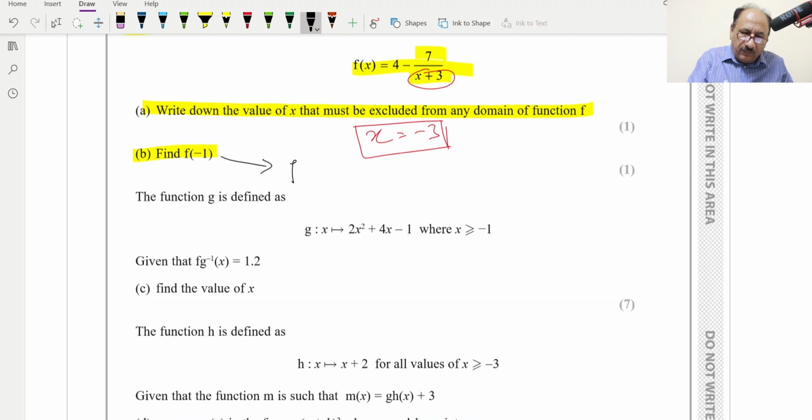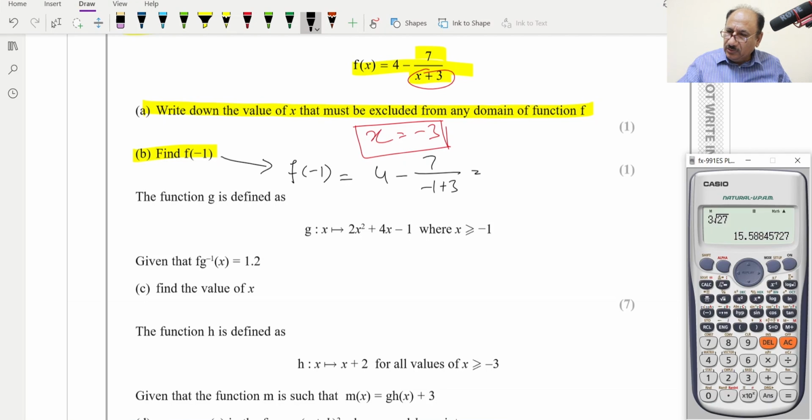So f of -1 is equal to 4 minus 7 over -1 plus 3, and this is equal to 1 by 2. So 4 minus 7 over -1 plus 3 is equal to 1 by 2.